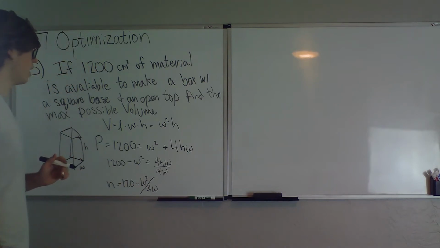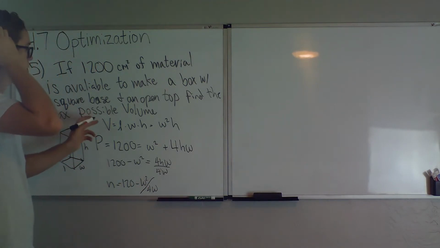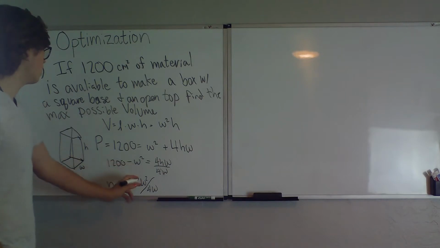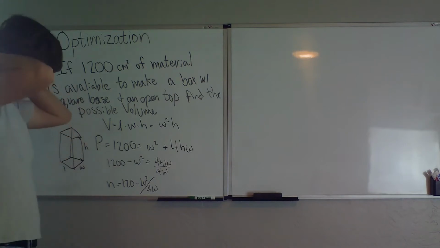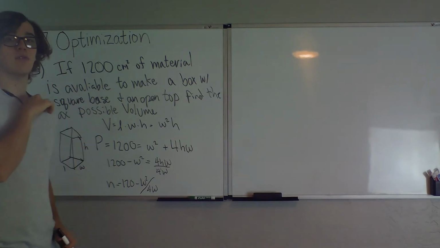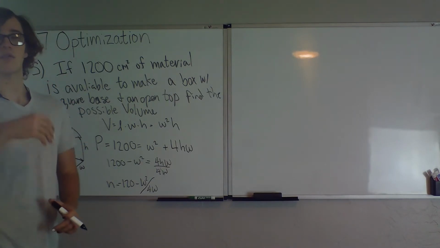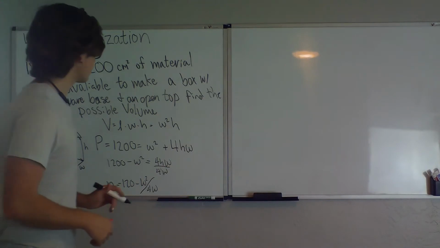Okay, that's not too bad. And now we have to plug our H into our volume equation, this W squared H, and we have to do the derivative. We have to find the derivative of it because we need our local maxes and mins.